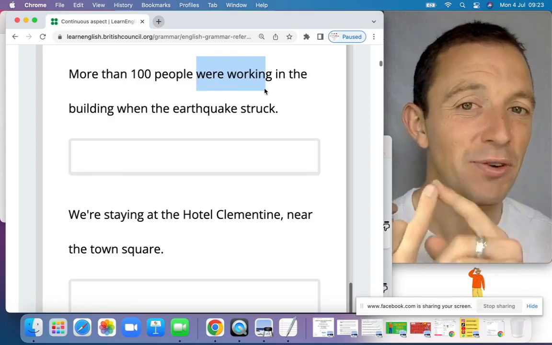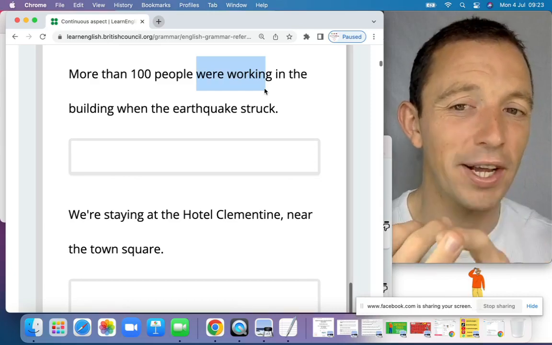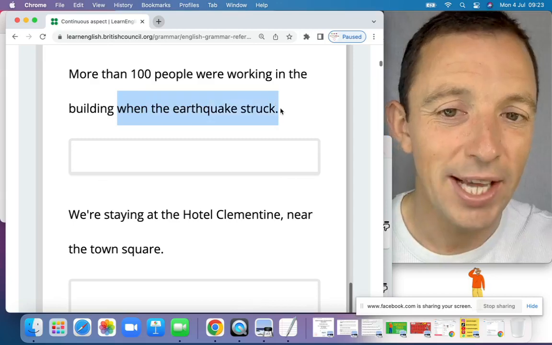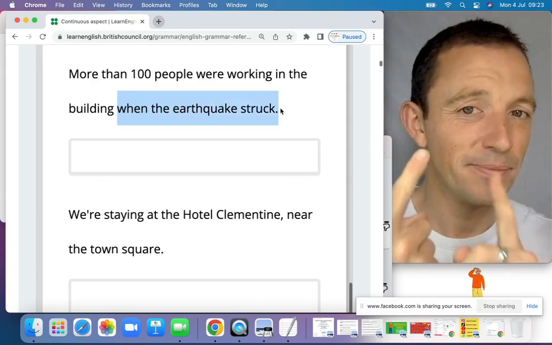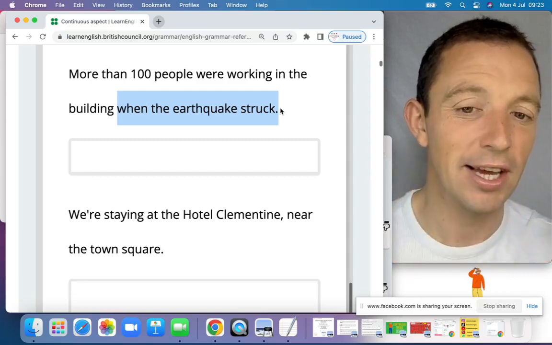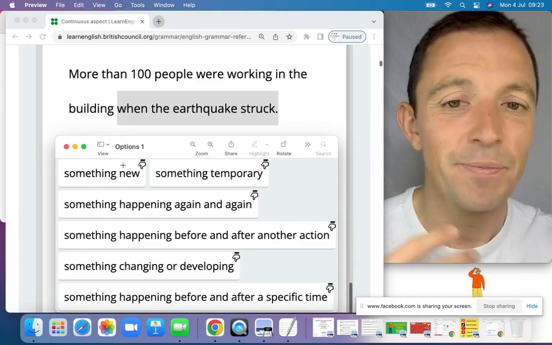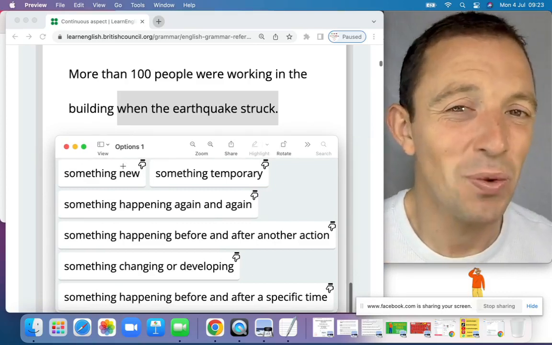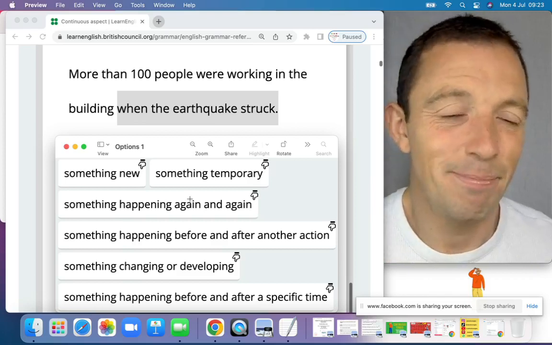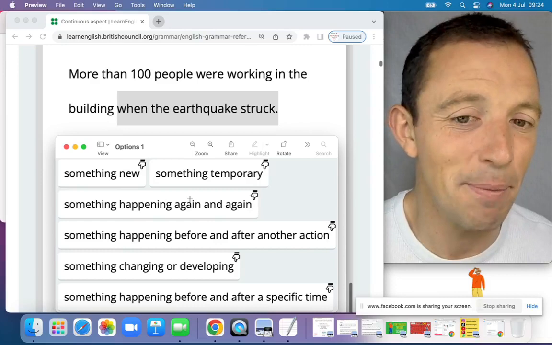We have the auxiliary to be in the past plus the gerund, the ing, working in the building when the earthquake struck. So there's two actions, working in the building and the earthquake impacting and striking. So for me, I think this is two different actions. Something new, well, maybe, because the earthquake is new, maybe. Something temporary, maybe, because they are working temporarily or the earthquake is temporary.